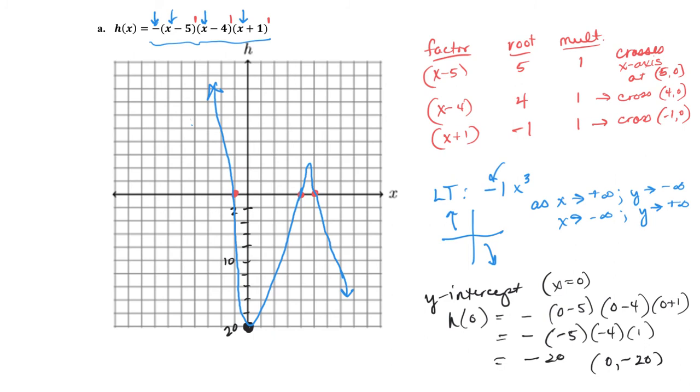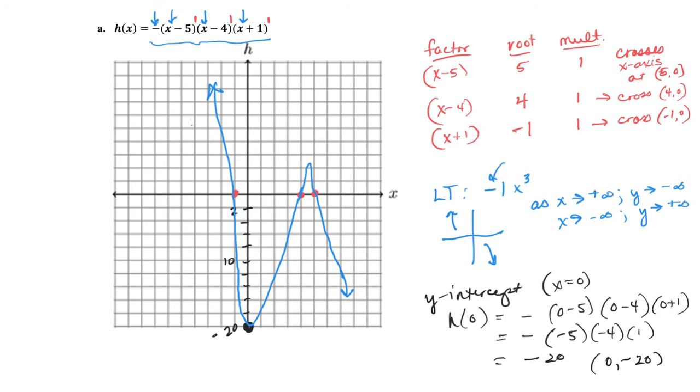Now, as a little bit of an aside, sometimes you guys give me graphs that snake back and forth all over the place. Don't do that. You know that this graph only has 3 x-intercepts, so you should not cross the x-axis in any more than 3 points, okay? You know that this graph has 1 y-intercept and it's at 0, -20, which means you should not cross the y-axis at any additional points.